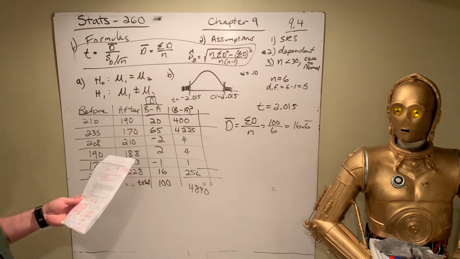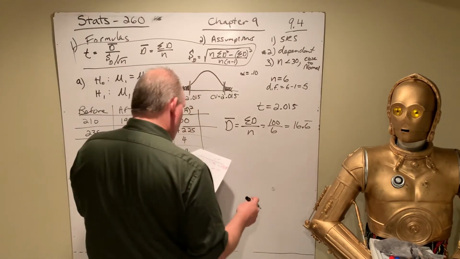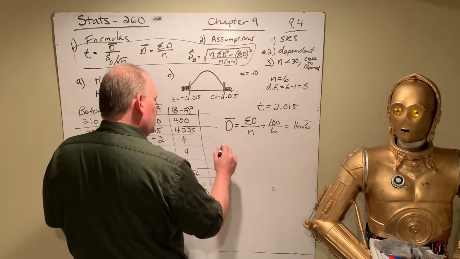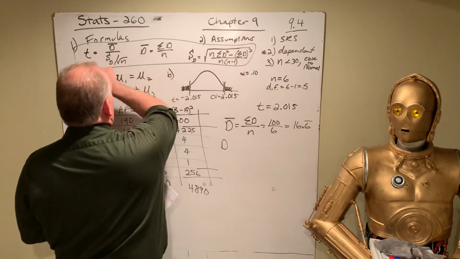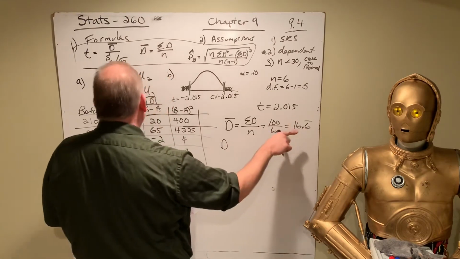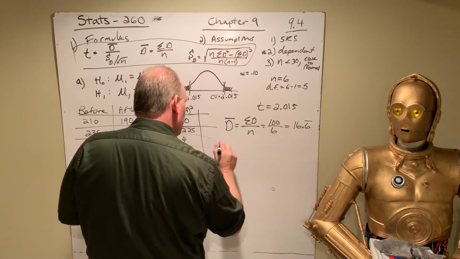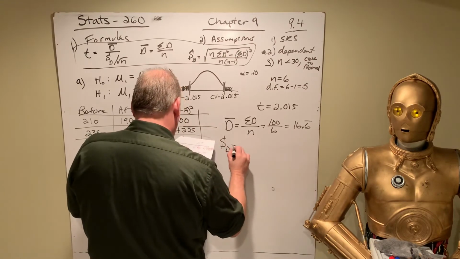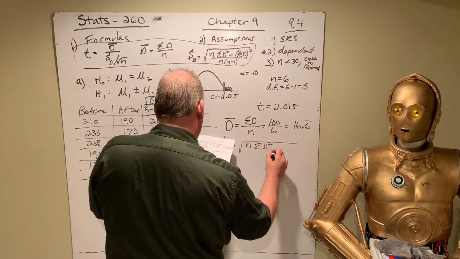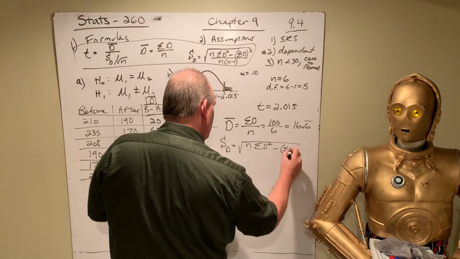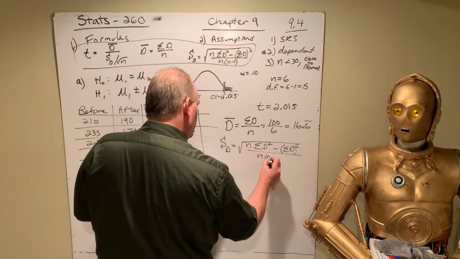All right. So D bar will come into play when we're finding our t-score. So we're going to put a pin in that. We're going to use that when we have that. Let's find our standard deviation. So standard deviation is going to be this, n times the summation of d squared minus the quantity summation of d, quantity squared rather, all over n times n minus 1.